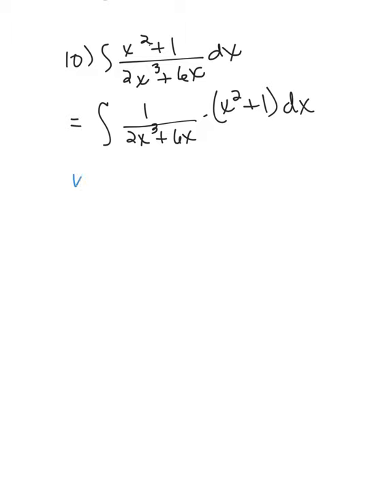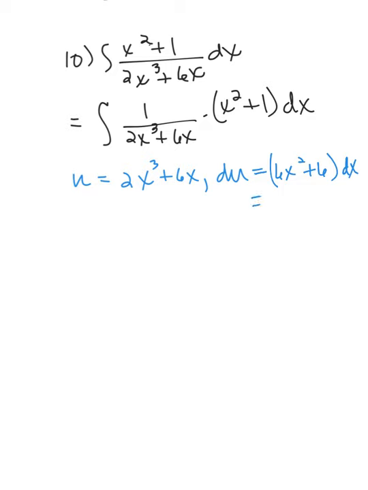In this case, our u will be our denominator of 2x cubed plus 6x, which would give us a du of 6x squared plus 6 dx.